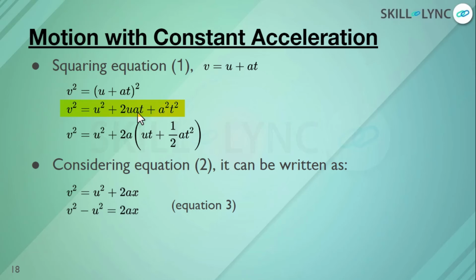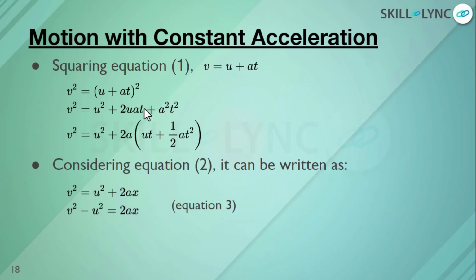So we are going to apply the same formula here, where a is equal to u and b is equal to at. Therefore, the RHS can be written as u square plus a square t square plus 2u at.